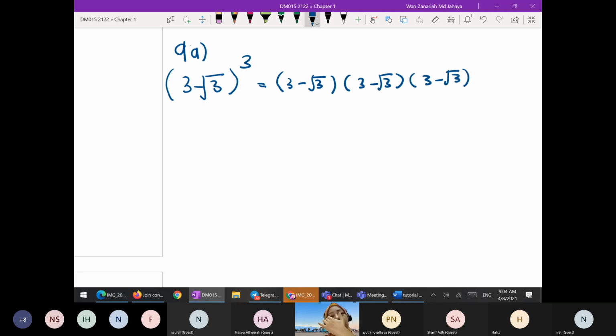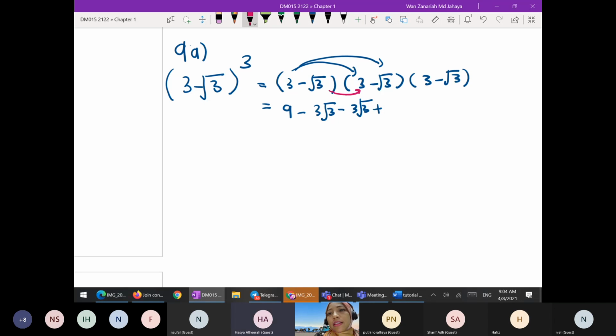Okay, you have no shortcut. So you multiply 3 times 3, 9 minus 3 set 3 minus 3 set 3 plus. Okay, cikgu dah buat term yang keempat dah ni you all. Nampak tak term yang keempat yang mana?